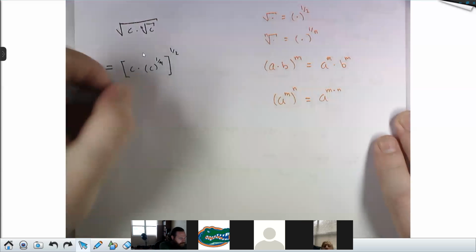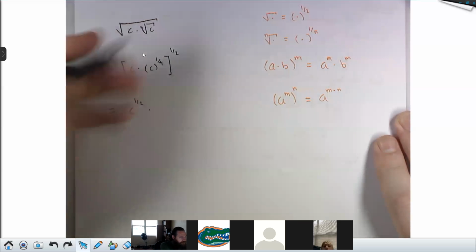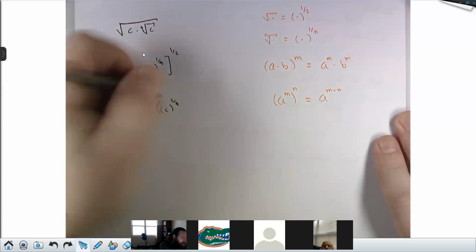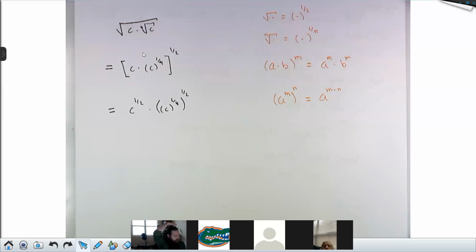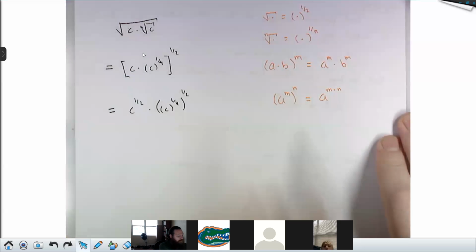So if I use this rule now, I can give this 1/2 power to each of these two pieces. That's the same as c to the 1/2 times c to the 1/4, all to the 1/2. I'm just taking this 1/2 power and giving it to this and this separately, following this rule.